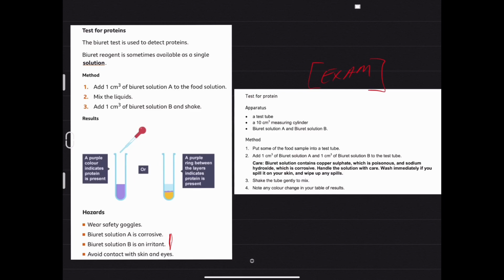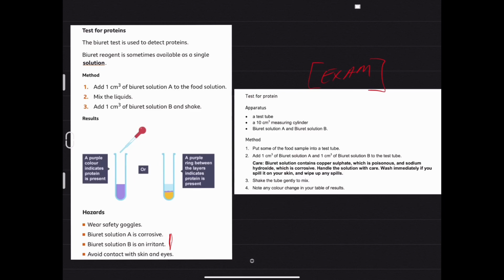So it's asking you to handle the solution with care and wash immediately if you spill it on your skin, and wipe up any spills because of the hazardous nature of the chemicals. So you are being alerted to a significant health, let's say harmful, component to this test. So you may be assessed in your understanding of the hazards and precautionary steps needed when conducting the test for proteins.